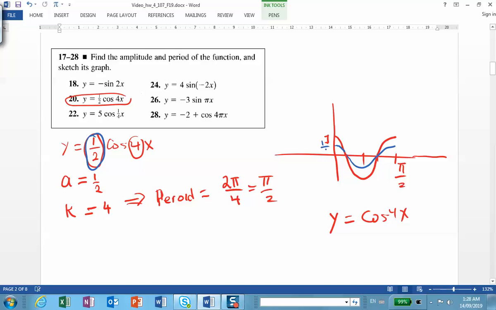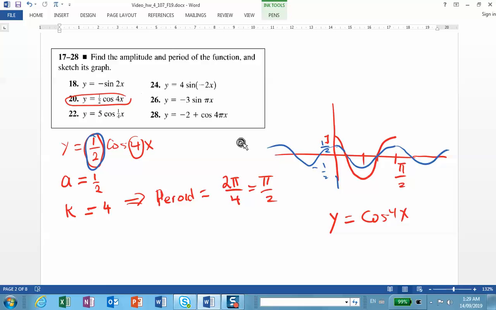This was -1, and it's going to go to -1/2. Of course, it is periodic, so this thing repeats itself. Same pattern with a period of pi over 2. So the actual curve, the answer to this problem, is that blue one, not the red one. The red one helps us to put the blue one together.